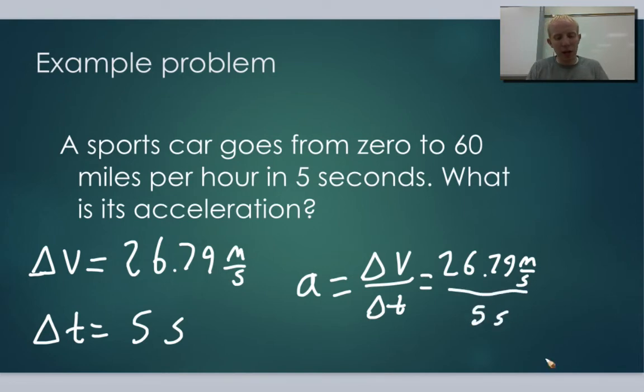You put that in your calculator, and you get that is equal to 5.36 meters per second squared. Okay? So there you go. So that car is accelerating at 5.36 meters per second squared.